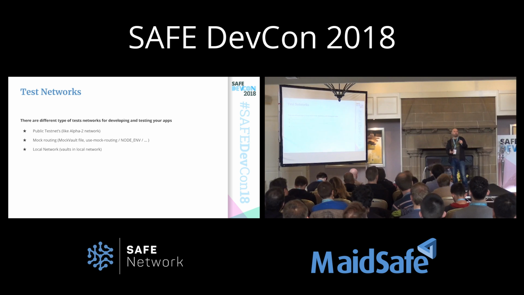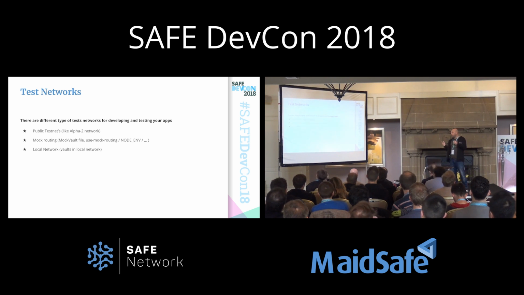It's just mimicking the network, and it's transparent to the application. The application works as if it was working with the actual testnet. The API doesn't change, so you can test and debug everything locally, even offline if you want.